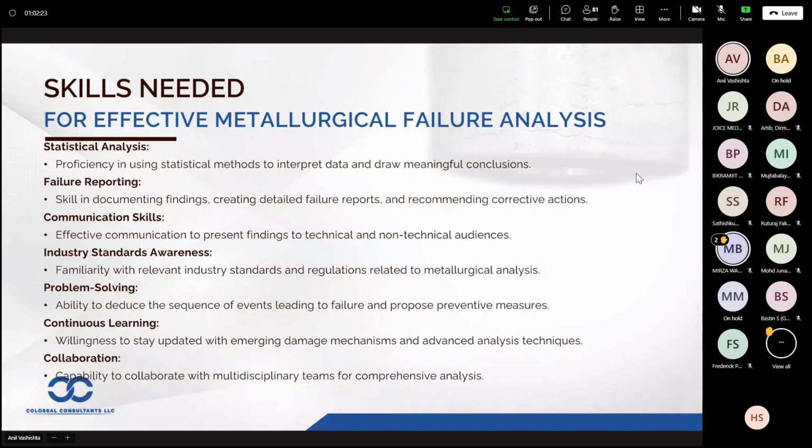He should be able to collaborate with multidisciplinary teams, because failures can be a result of process issues. It need not be confined to just material deficiencies. So he has to interact with different teams to analyze the problem as a team.